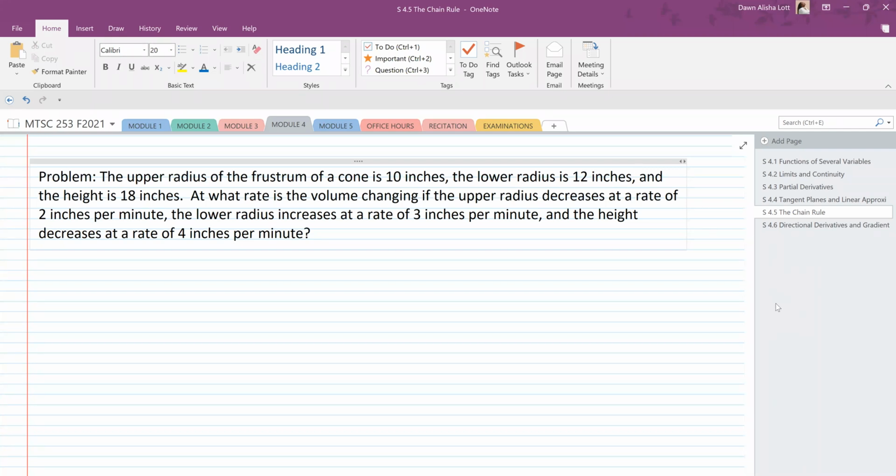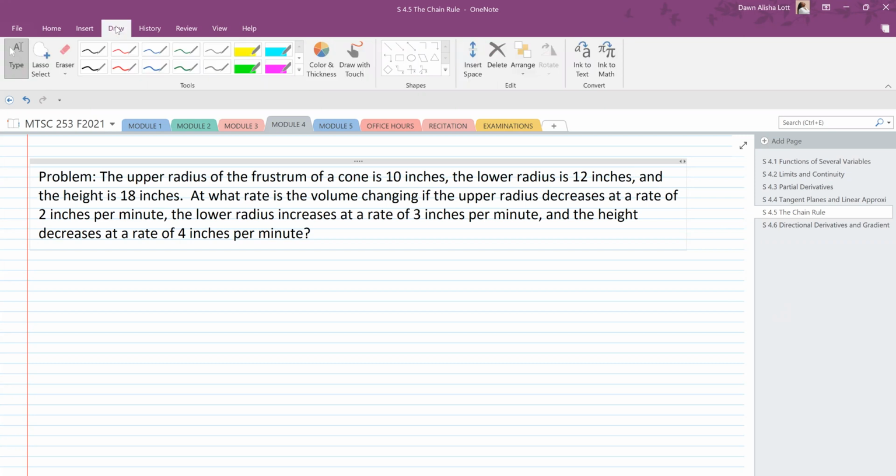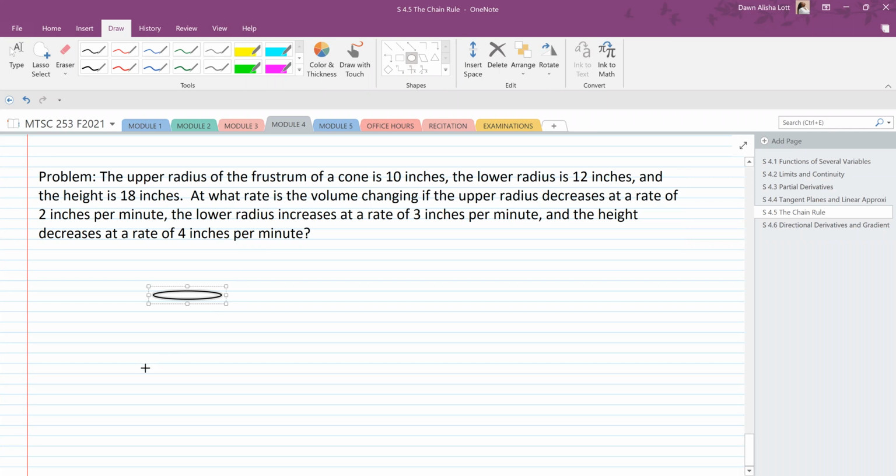Okay, so if I were going to draw that frustum of a cone, I would have something that looks like this. So I would have here, and then I would down here have something like this. And then I would connect them.